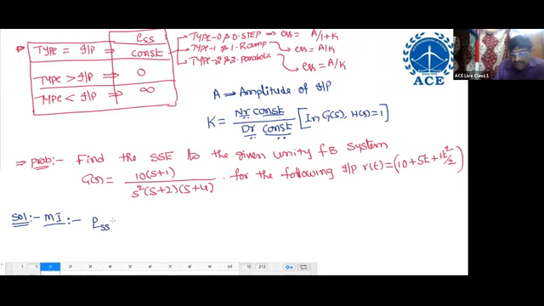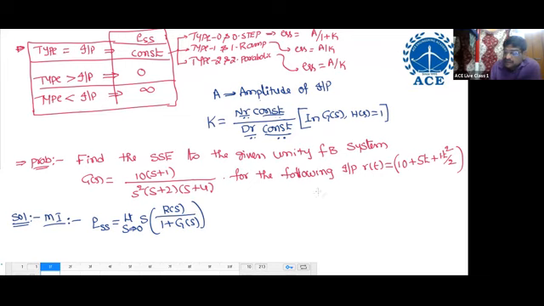ESS equal to limit S tends to 0, S into R of S by 1 plus G of S. G of S we know. Find R of S, substitute and find the steady state error.